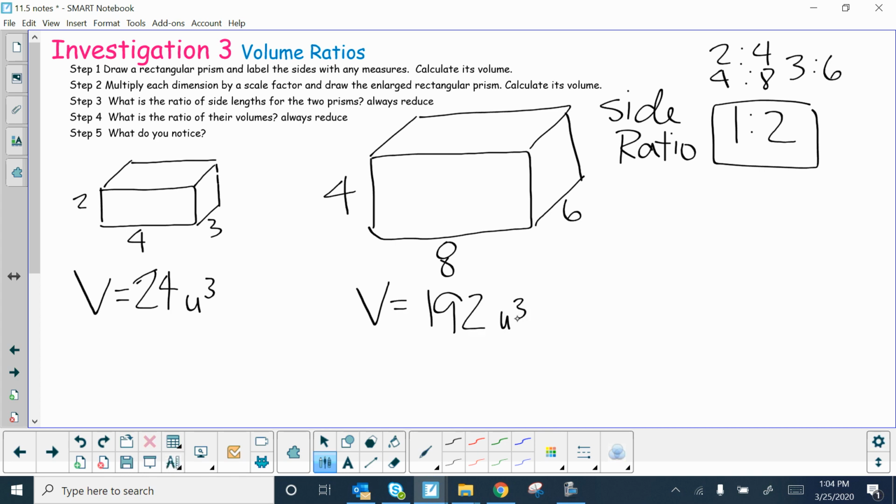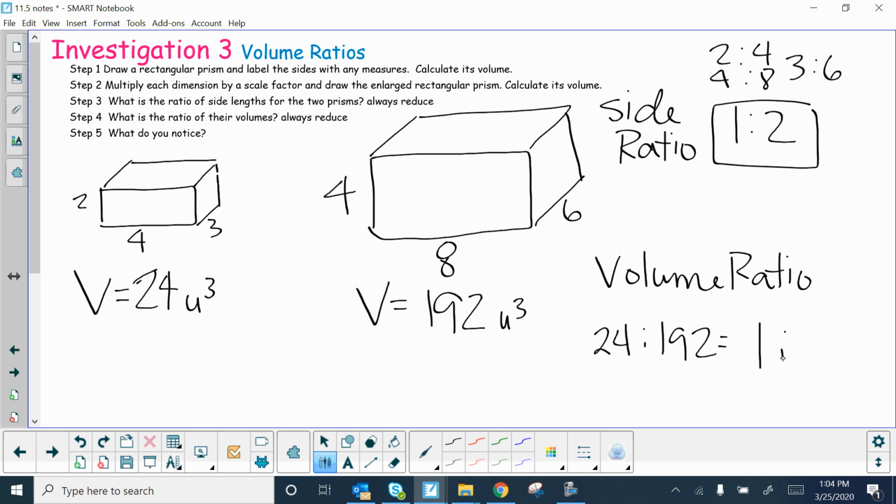So the volume ratio now is 24 to 192. Well, that's probably definitely got to reduce. How many times does 24 go into 192? 8 times. So this reduces to 1 to 8.